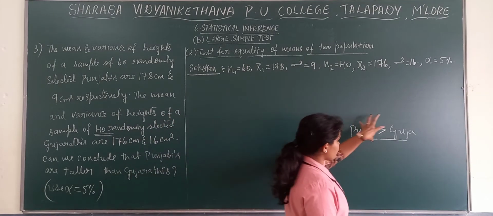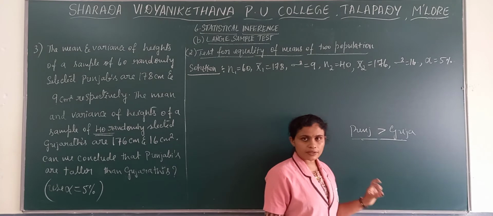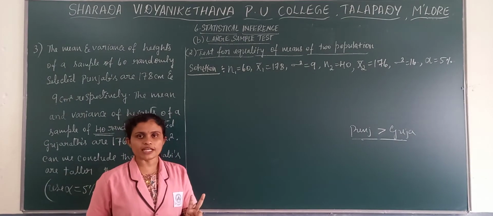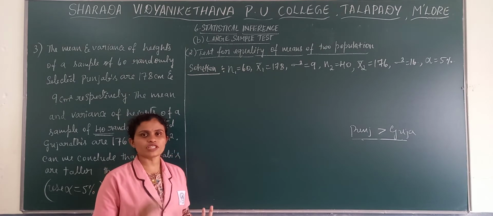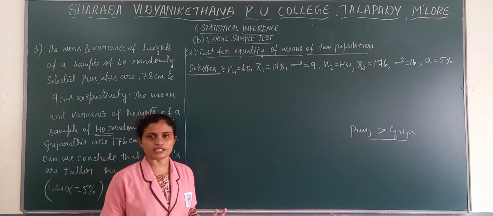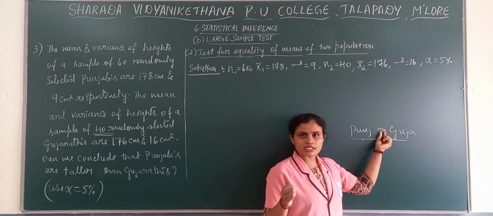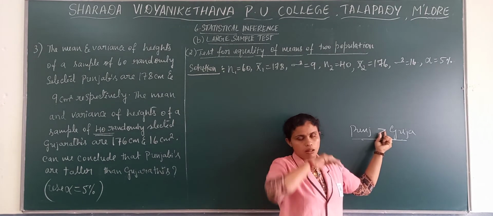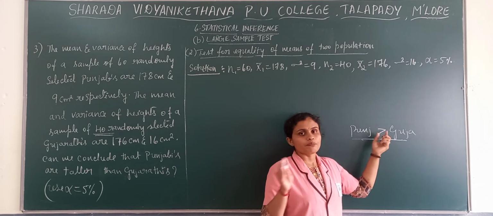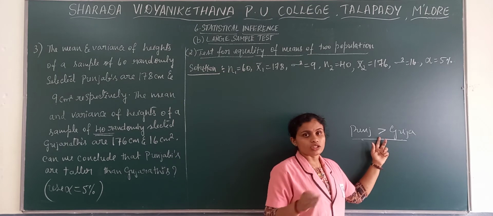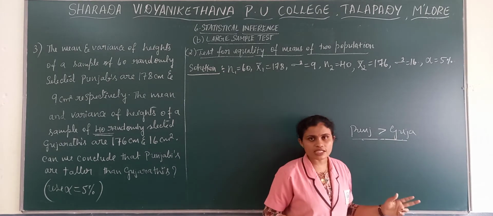Then it is not a two-tailed test, it is a one-tailed test. In case of one-tailed, which kind of test, left-tailed or right-tailed? When we get a greater than symbol, then obviously it is right-tailed. Greater than means right-tailed, lesser than means left-tailed. So they have given taller than Gujaratis, so it is greater than.